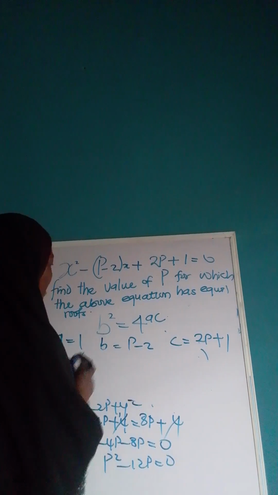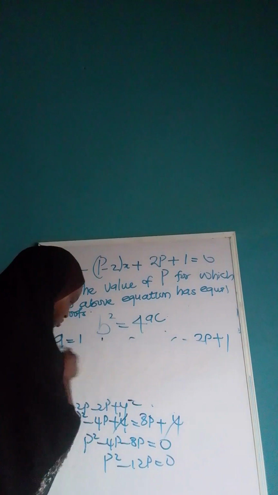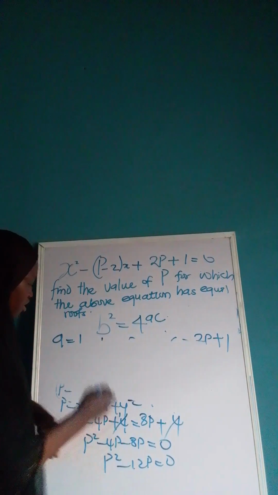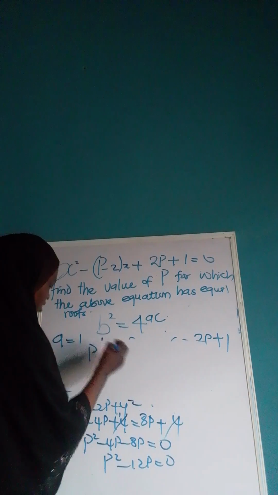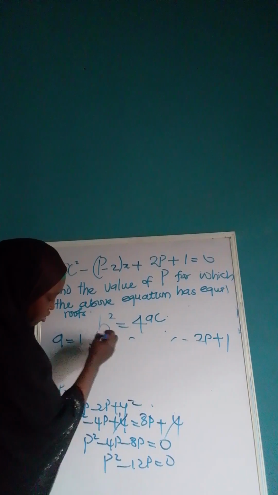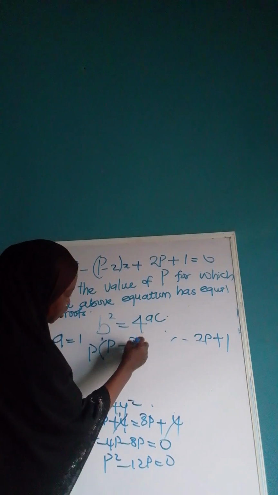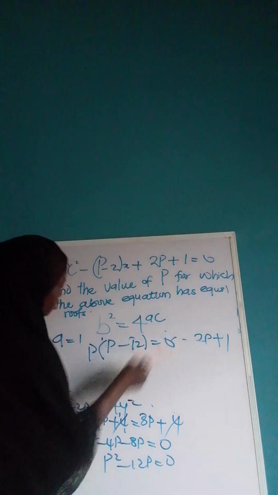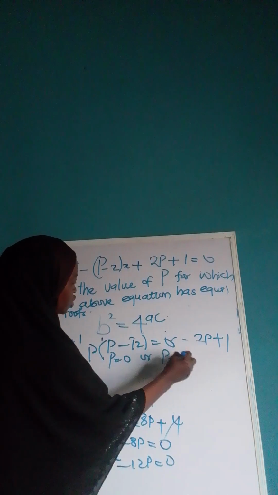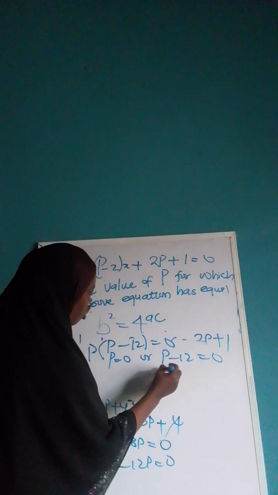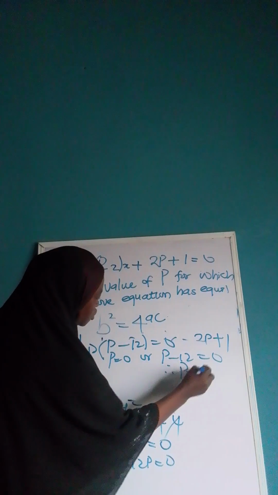Now if p squared minus 12p is equal to 0, let's factorize it. It becomes p times (p minus 12) equals 0. So p equals 0 or p minus 12 equals 0. Therefore p is equal to 12.